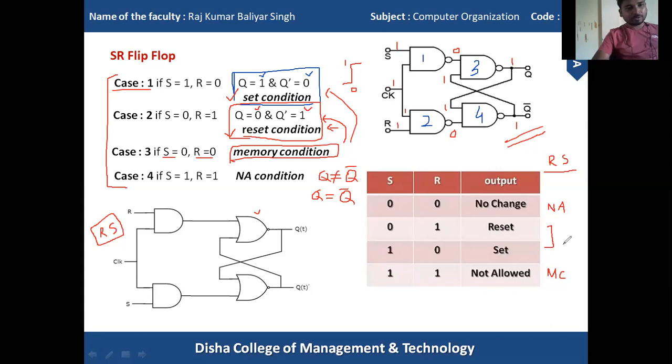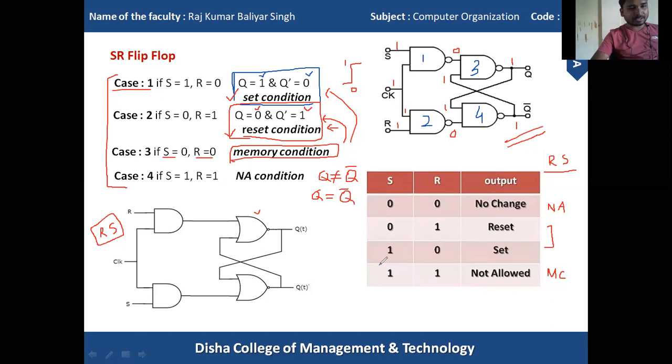So in SR flip-flop, in 2 input sequences only we discover a new state, that is called reset condition or set condition. And in one sequence, that is 0 0, we get the memory condition.